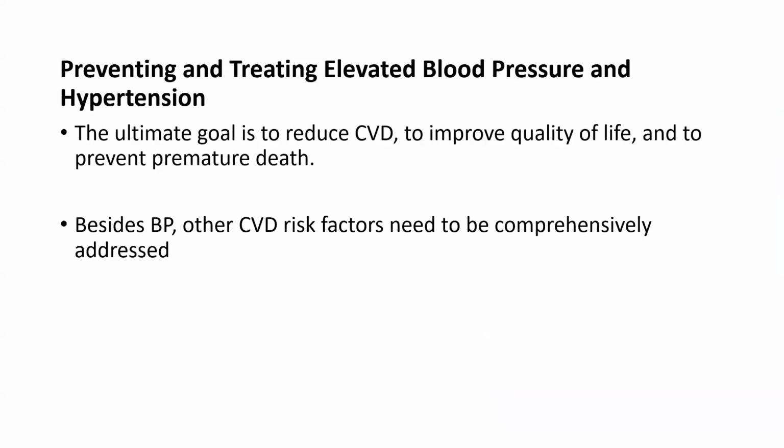So when we come to preventing and treating elevated blood pressure and hypertension, the ultimate goal is to reduce cardiovascular disease, to improve the quality of life, and to prevent premature death. And besides blood pressure, other cardiovascular disease risk factors need to be comprehensively addressed.